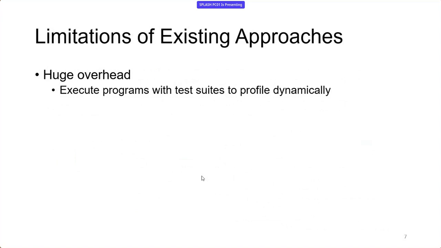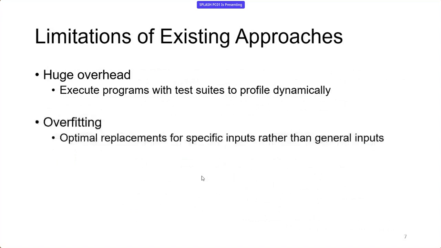So this can introduce a huge time consumption in the analysis. Secondly, they all demand specific inputs to execute the program, so their replacement might be effective for some particular inputs rather than general ones. This can introduce an overfitting issue.